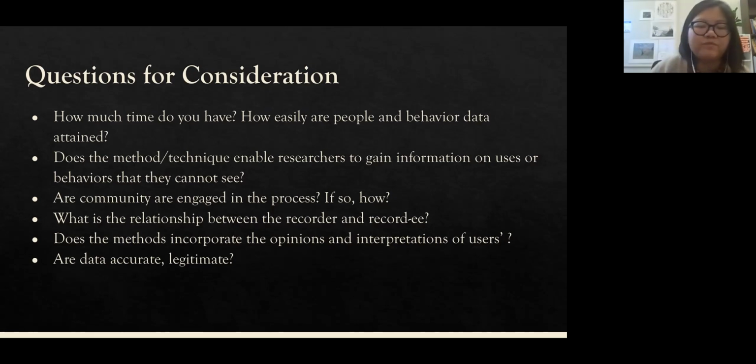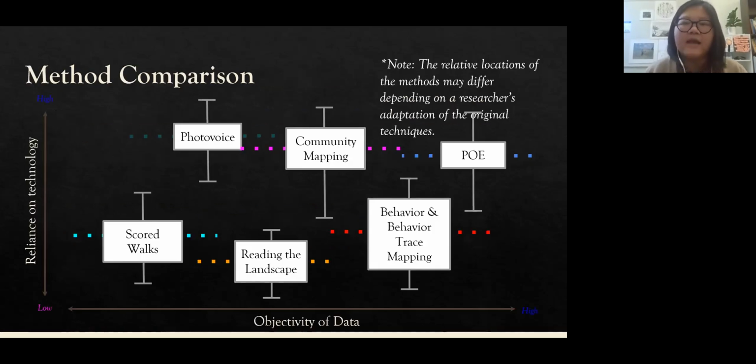What's the relationship between the recorder and recordee? All those questions are what you should be thinking of to choose the method you want to use to visualize people and behaviors. And again, the objectivity of the data or the reliance on technology varies by the different method.